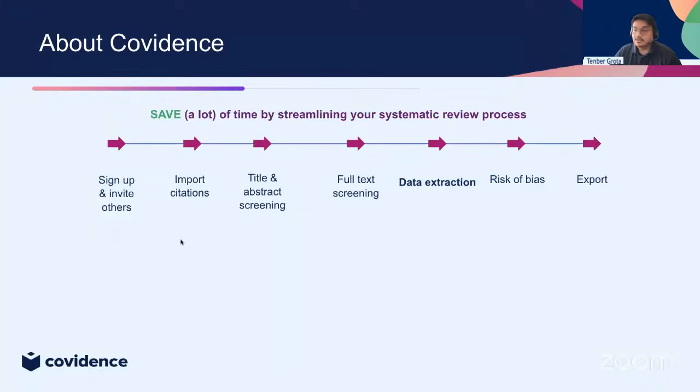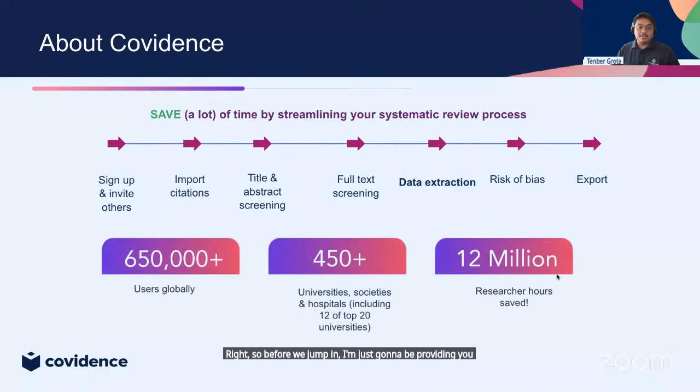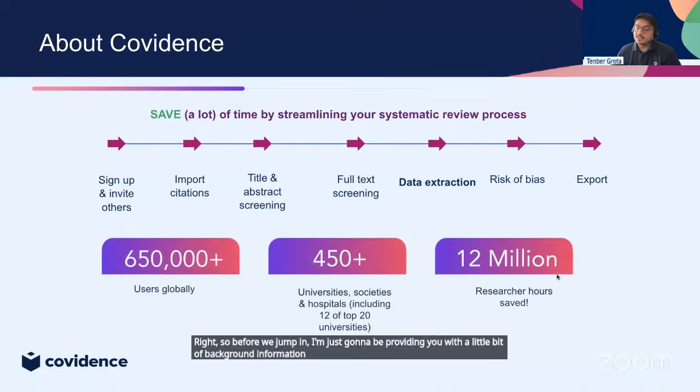Before we jump in, I'm just going to provide you with a little background information about Covidence. Covidence was created by and for the research community and is designed to streamline the review process from importing your references, title and abstract screening, data extraction through to risk of bias assessment.